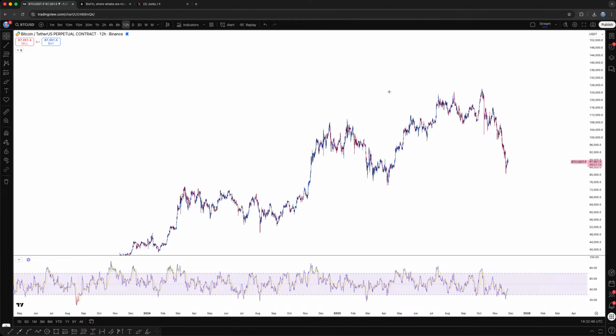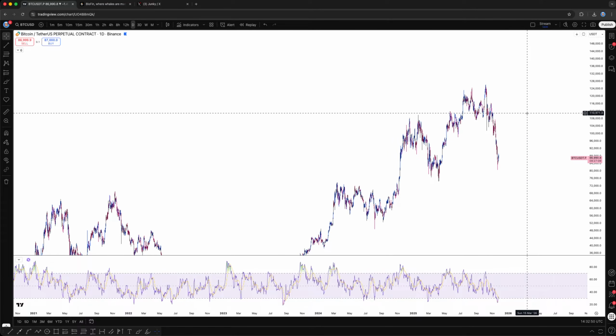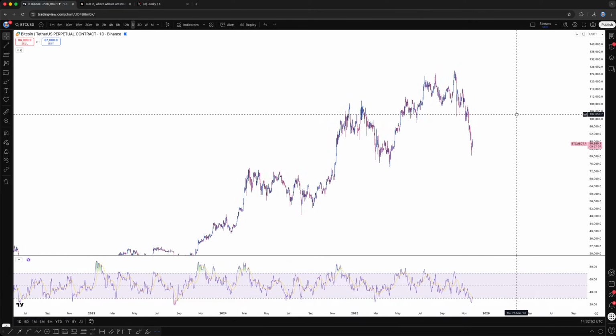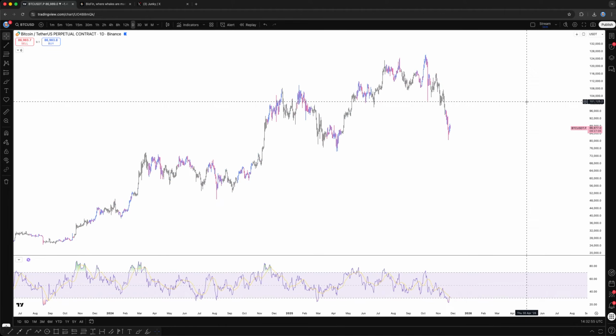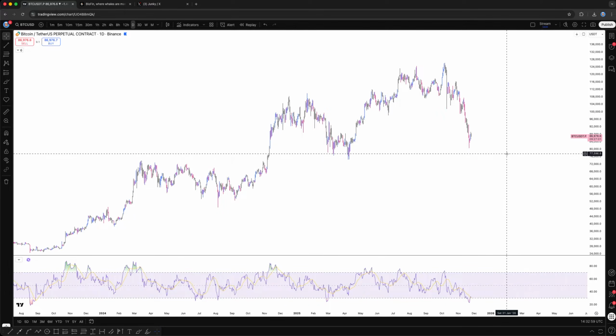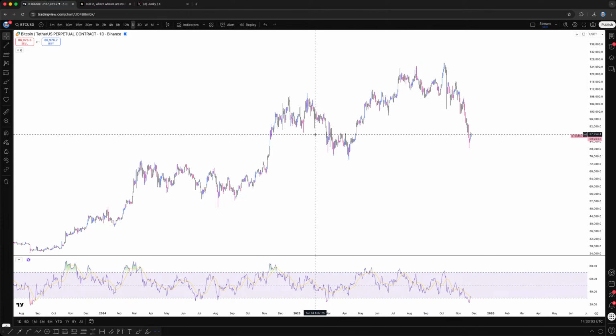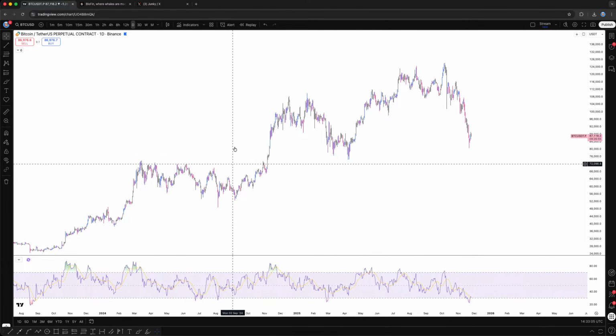So we start on the high time frame on Bitcoin. This is the daily. And there are a few considerations. As always, the first one on high time frame with a naked chart is the structure.